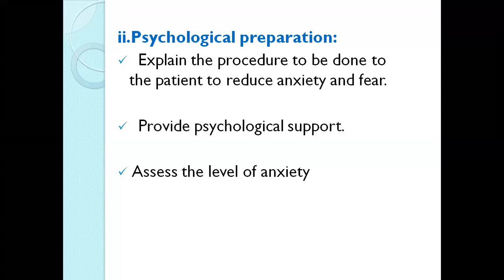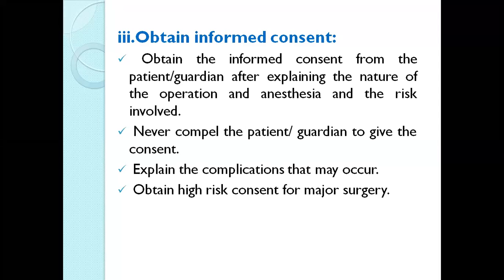Okay, so the next thing is the informed consent. This is very important. So informed consent, in simple terms, what is it actually? It is like a permission you are taking from the patient. Within that informed consent, everything needs to be explained: what is the procedure to be done, when it will be done, why we need to do this procedure or surgery, what is the risk of the surgery, and after the surgery, what are the things that can happen to the patient.